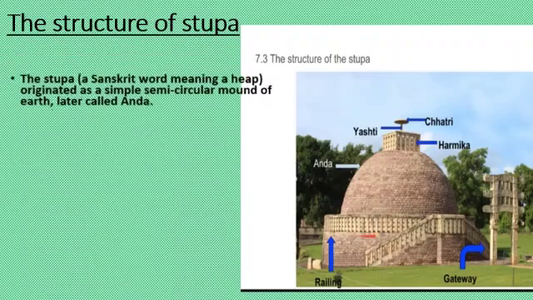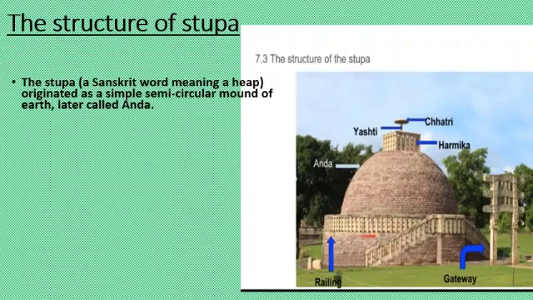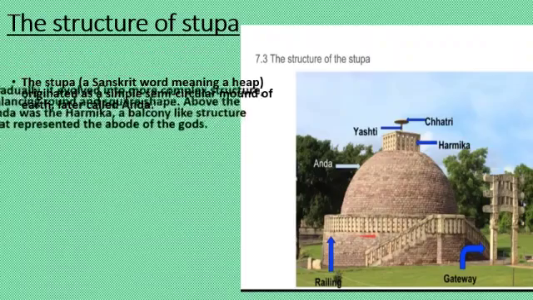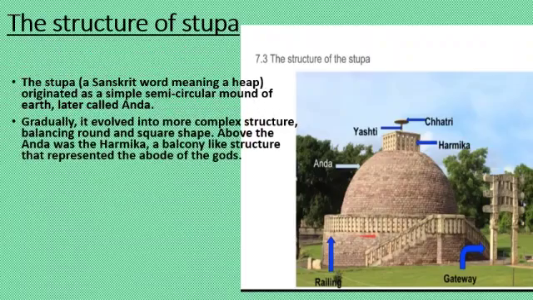So we'll start. Stupa is a Sanskrit word, and its meaning is heap. It originated as a simple semicircular mound of earth, later called the Anda. Gradually, it evolved into a more complex structure, balancing round and square shapes. Above the Anda was the Harmika.